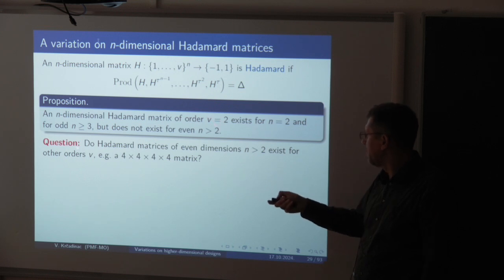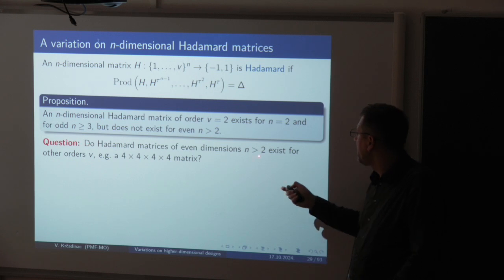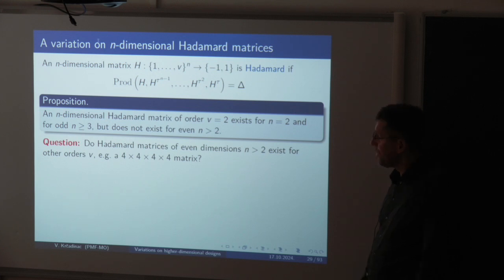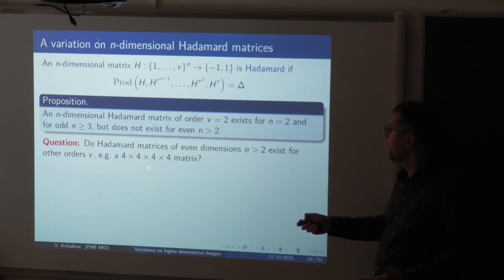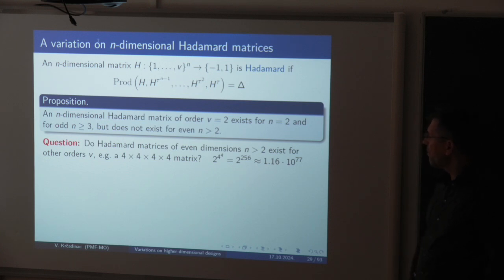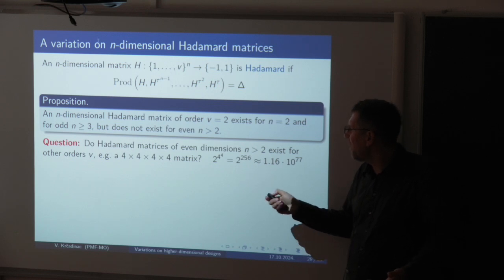So a natural question would be, do they even exist, let's say, for dimension 4 and order a little bit bigger? Let's say order 4. Whether a 4 times 4 times 4 times 4 matrix satisfying this equation exists or not seems like a silly small question, but if you do it the crudest possible way, just checking all possibilities, how many are there?